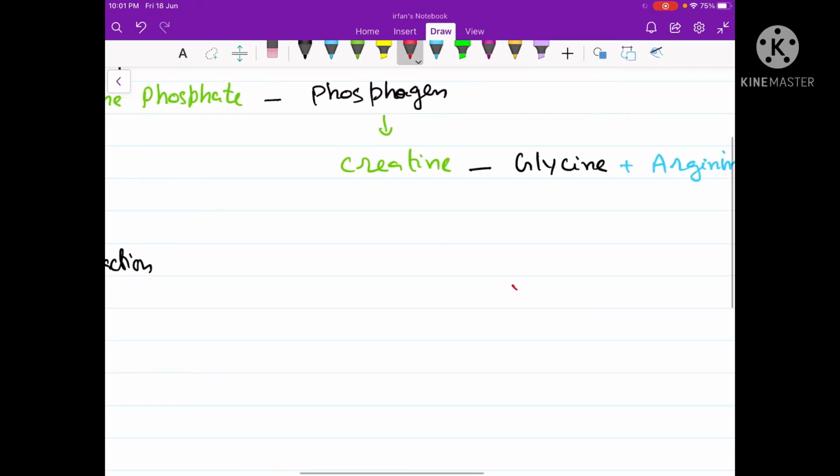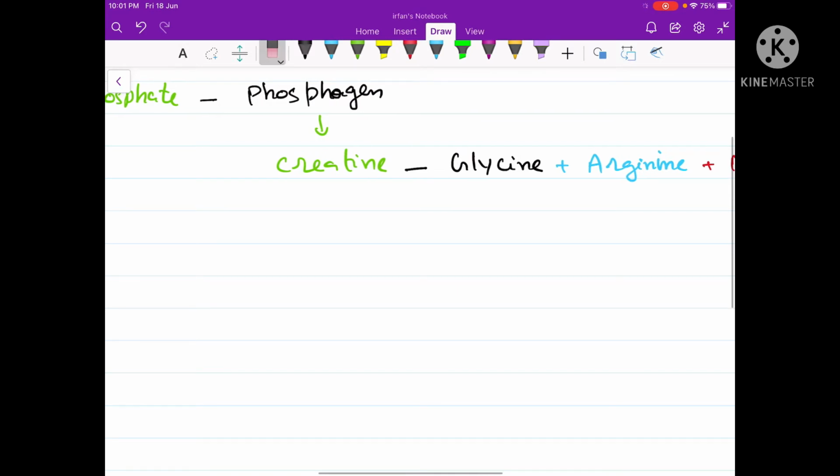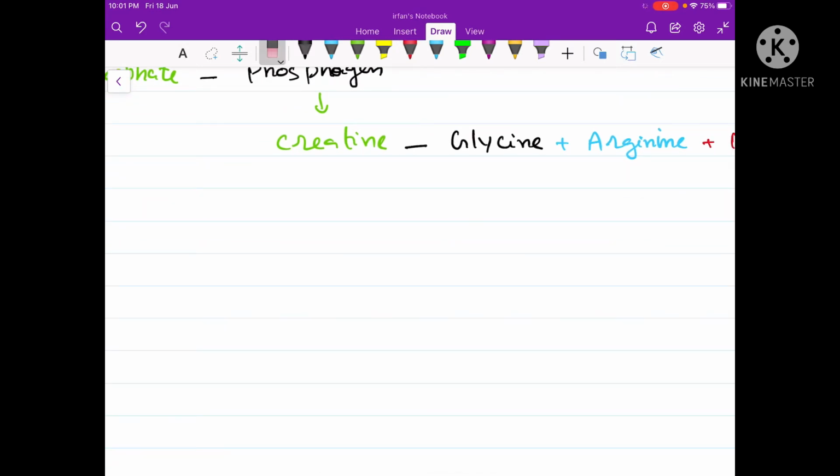So once the cell exhausts its ATP resource, then creatine phosphate helps in the synthesis of ATP. Now how is this formed? It is as follows.